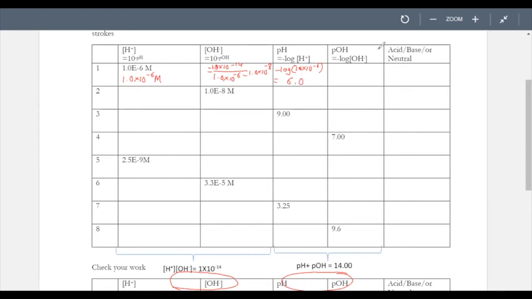Okay, so now if you know this, it's easy to calculate this by using this formula. You can also calculate this by converting this to pOH, but it's easy to use this formula because we just subtract it from 14, right? So what do you get over here?